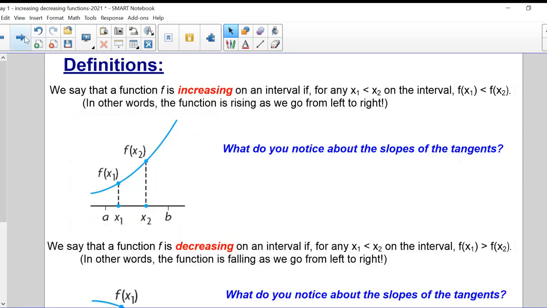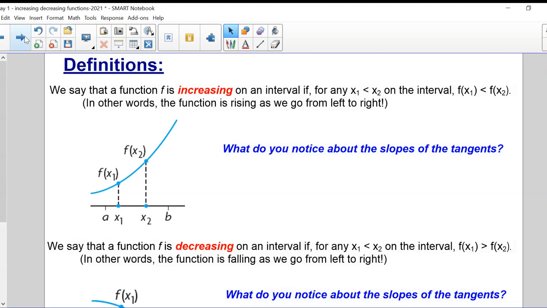We said that the function is increasing on an interval, and to be honest, all of what you're seeing here can be understood more easily by simply saying that the function is increasing when it's going up. Let me just read what it says here. It's increasing for any x1 less than x2 on the interval where f of x1, which means the y value, is less than f of x2.